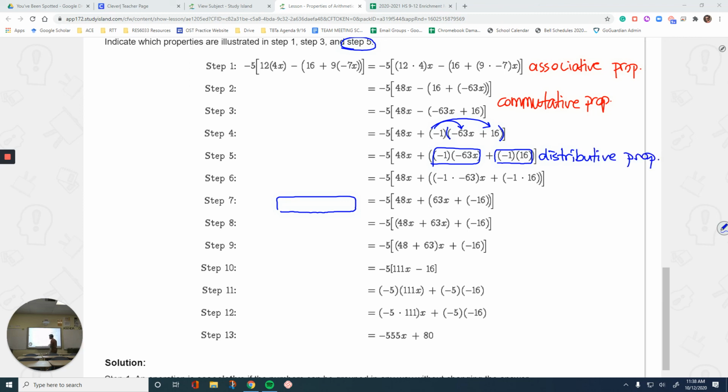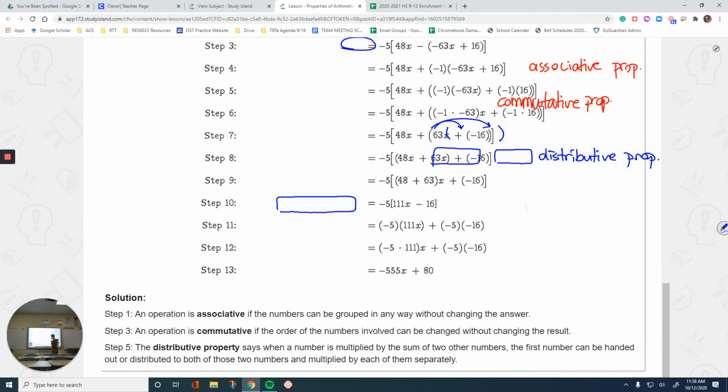Based on the resources that you're using, they are the same. So distributive property is this one here, because that's what we are doing. And that's it. So let me see. Associative, commutative, and distributive property. Yep. We are done with this question.